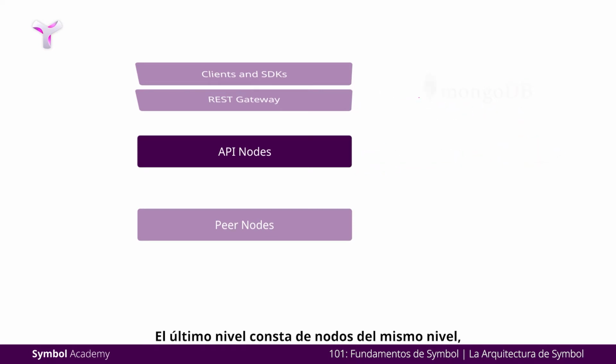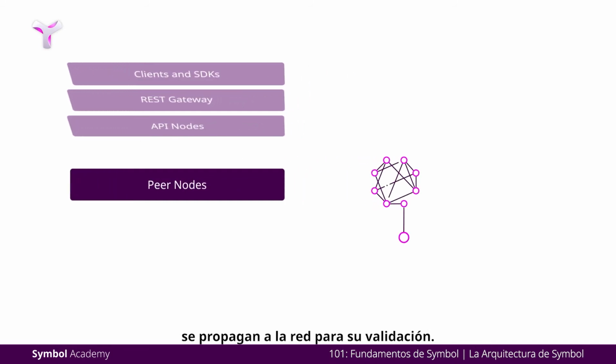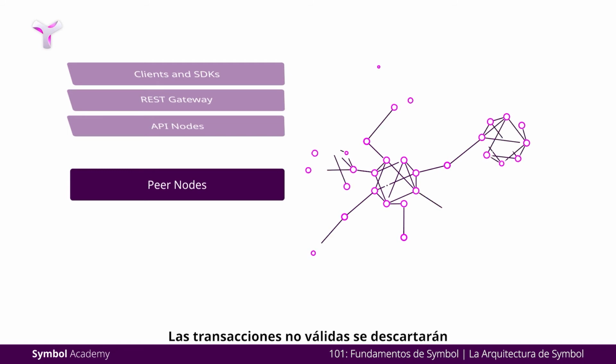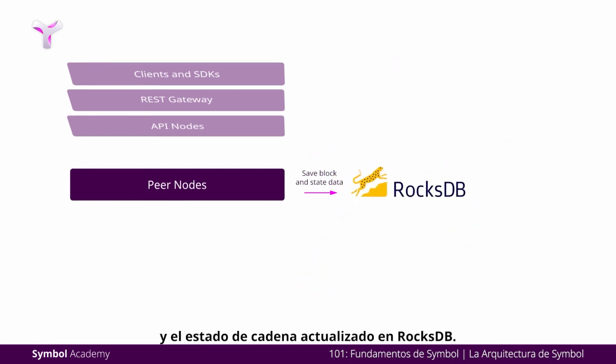Now, the last tier consists of peer nodes, the backbone of a blockchain. Here, the transactions pushed by API nodes are propagated to the network for validation. Invalid transactions will be discarded, and valid transactions will be grouped in blocks and linked cryptographically. The changes are then stored as a flat file on disk and the updated chain state in RocksDB.